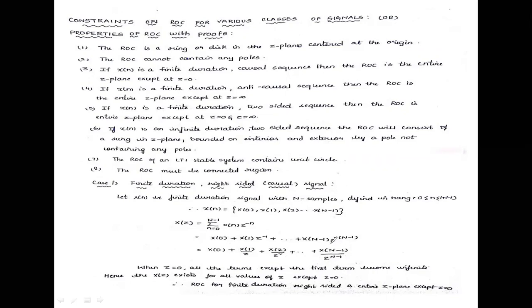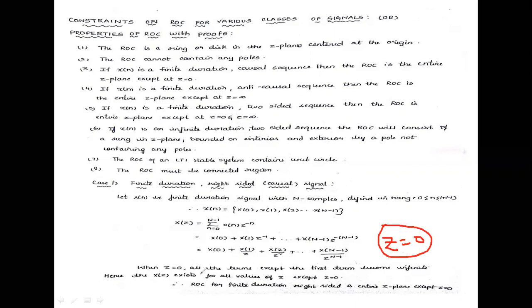See, when z is equal to 0, you cannot substitute because in the denominator 1 by 0 is infinite. Except z equal to 0, for the remaining values it can exist, because we get a finite value.